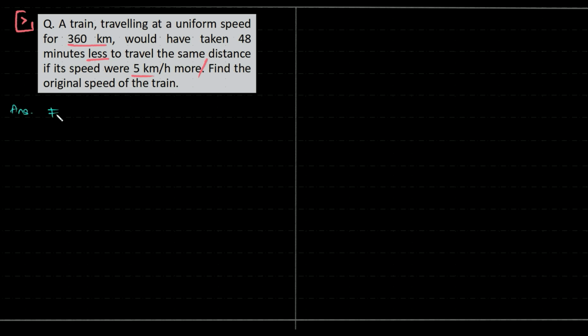So again, we'll start off with: let the original speed of the train be x kilometers per hour. And then we have two different cases.